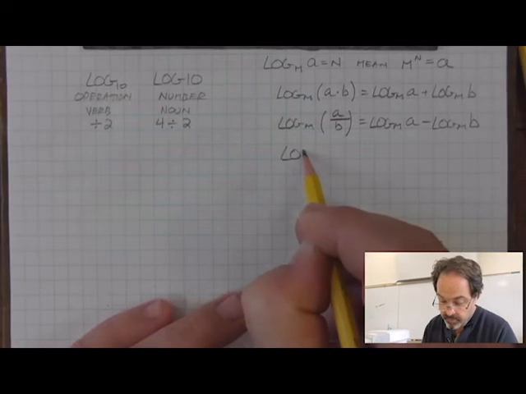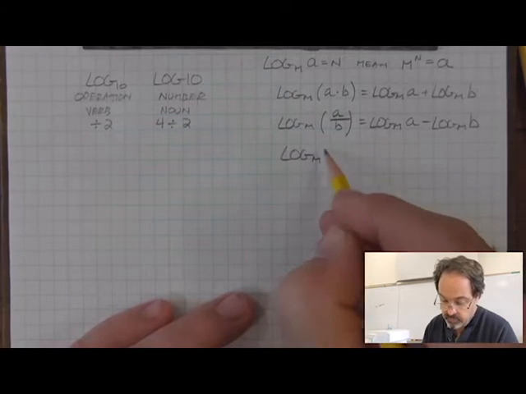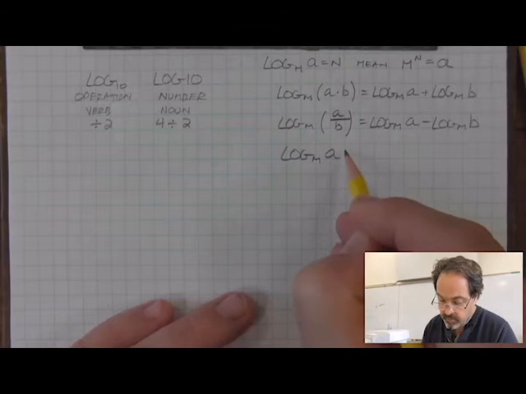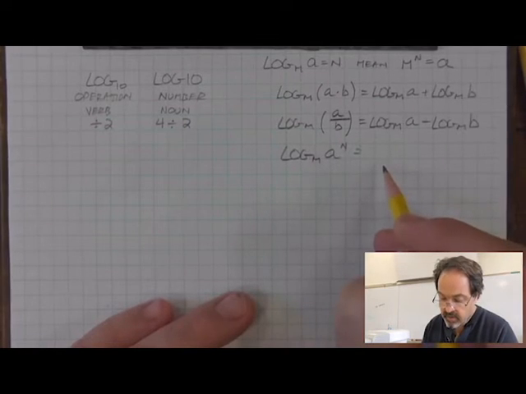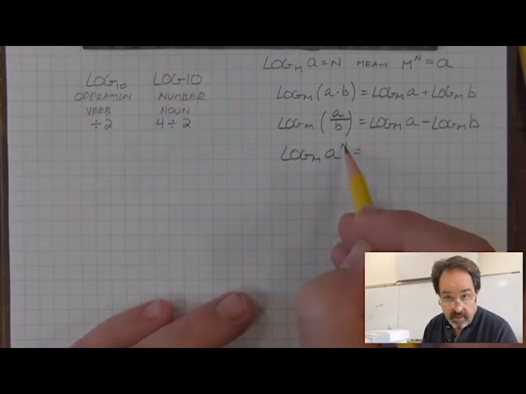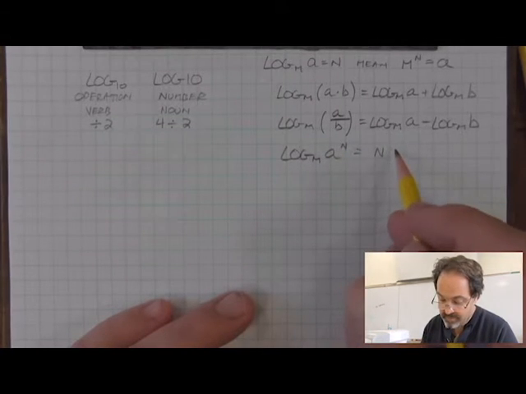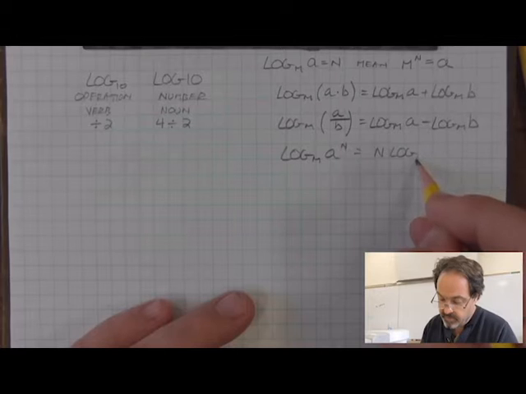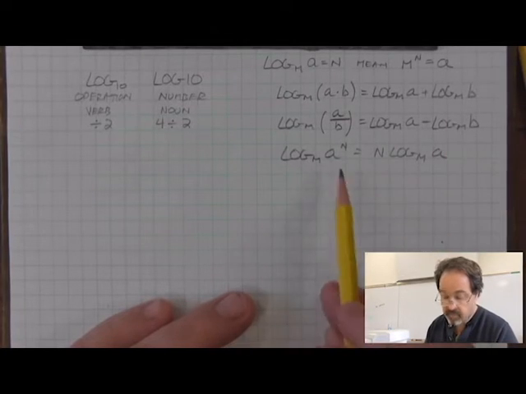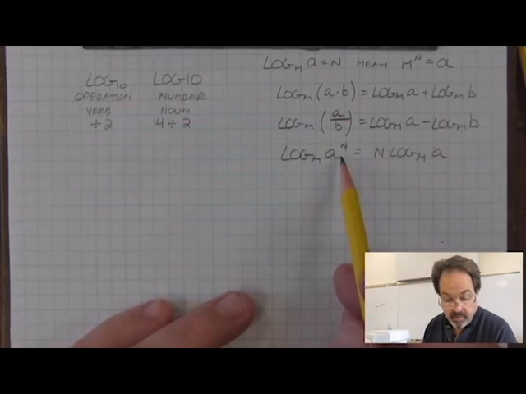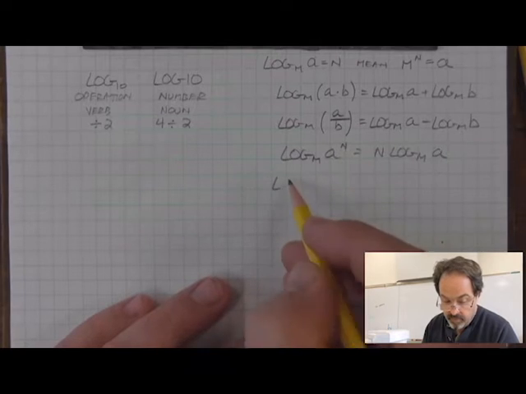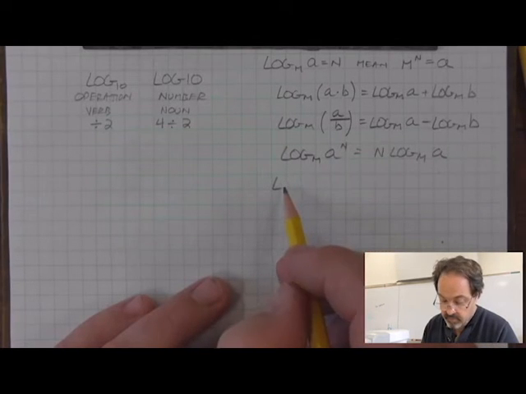Here's another log property, extremely useful. Log base m of the power a to the n. I can take the exponent n and then move it out front to make it into the equivalent n times log base m of a. This is a log of a power property. Very simple properties show the inverse between log and exponent.